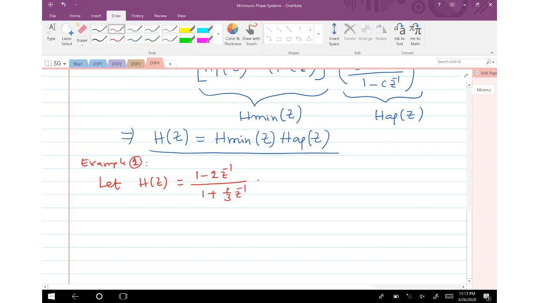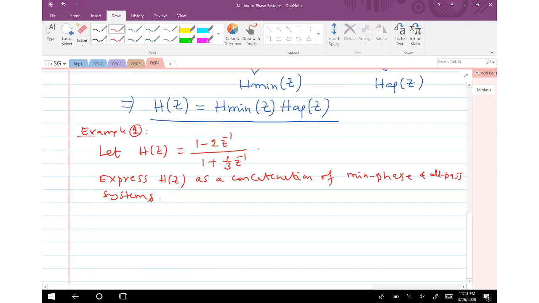The question is: express H of z as a concatenation of minimum phase and all pass systems. That's the question.